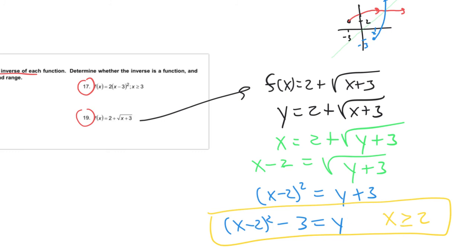Now, one thing I noticed that the teacher did is the teacher took the original function and found the domain and the range first. The domain of the original function, perhaps based off of the red graph here, she immediately recognized is clearly going to be -3 to infinity, and that the range is going to be from, looks like, 2 to infinity. 2 is included.